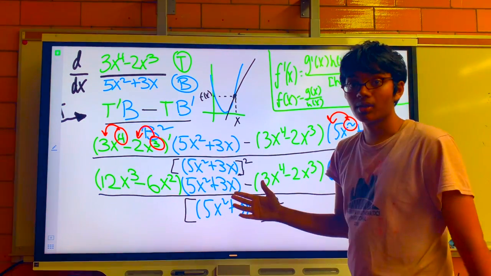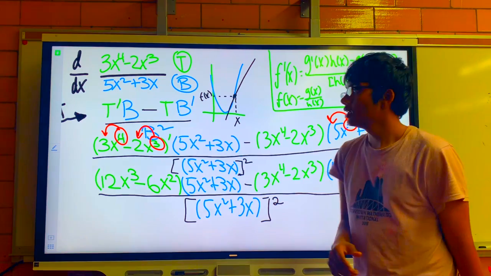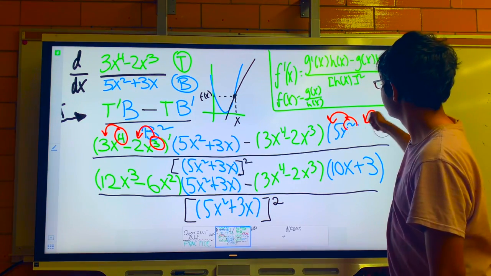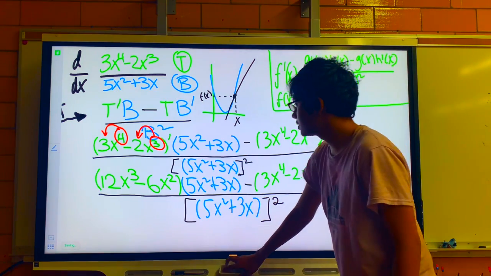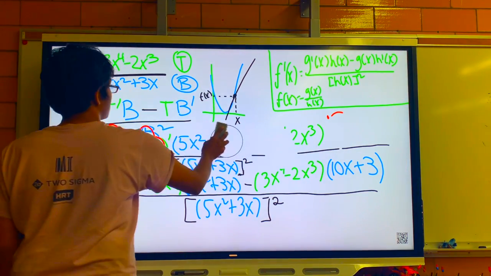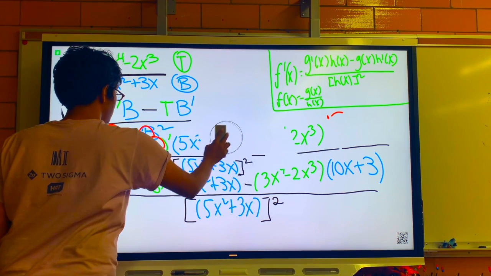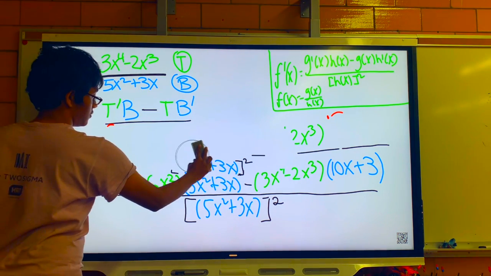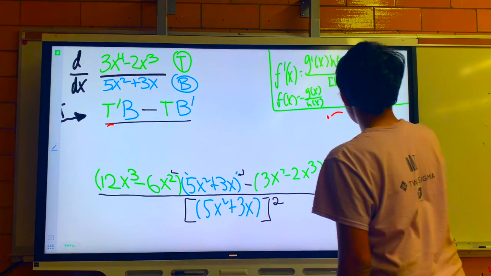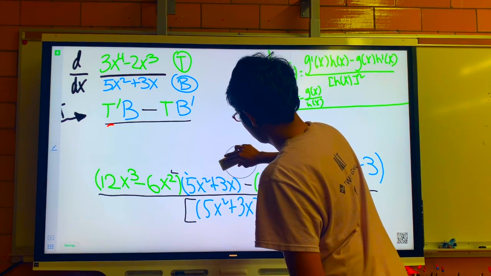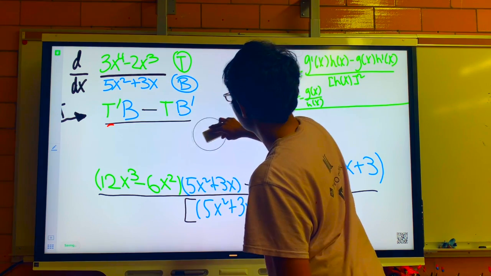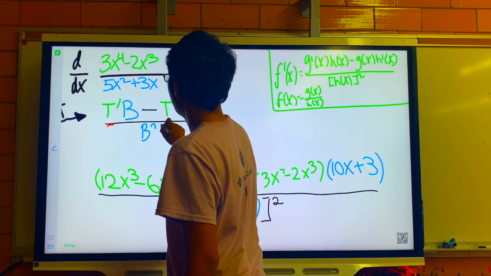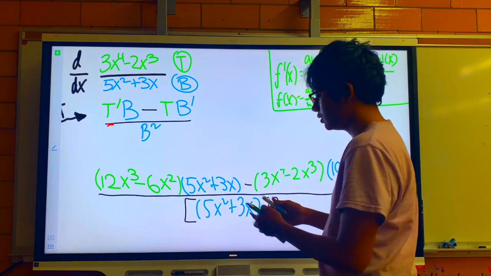Let me erase this top part, or if you want you can grab a screenshot, but I'm going to erase this top part so that I get more space. Alright, and remember this was bottom squared. Okay, so what do we do now?